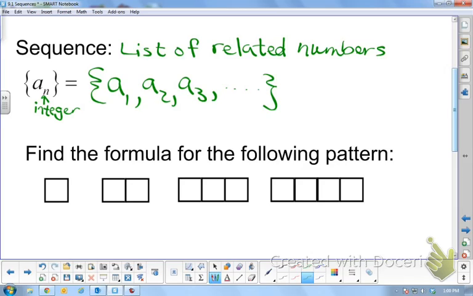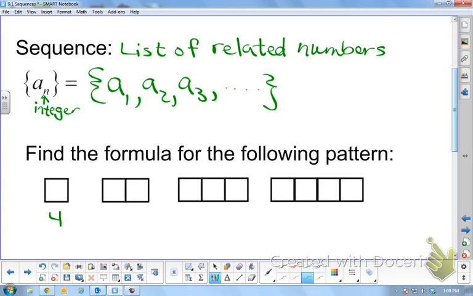First we're just going to look at this pattern. One of the big things they usually do when you're starting out with sequences is toothpick patterns. How many toothpicks would I need to make each of these? How many toothpicks would I need to make the first box? 4 toothpicks, 1 for each side of my square.